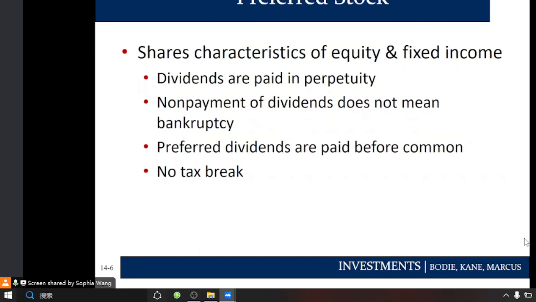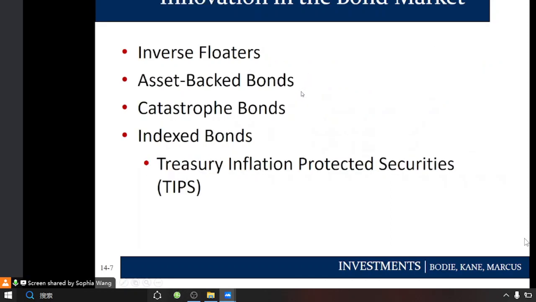Dividends are paid in perpetuity; in this case, this character is like the bonds. No payment of dividend does not mean bankruptcy, and preferred dividends are paid before common, with no tax break. In this case, it shares the characteristics of both equity and fixed income. Okay, this is the preferred stock.